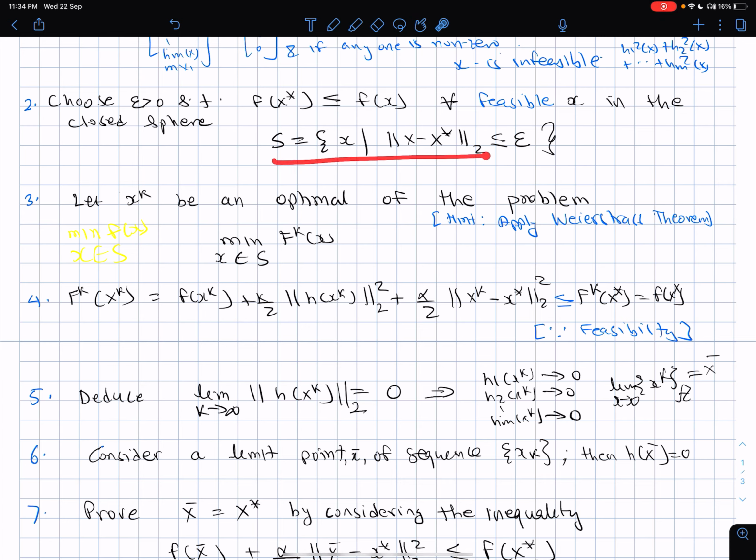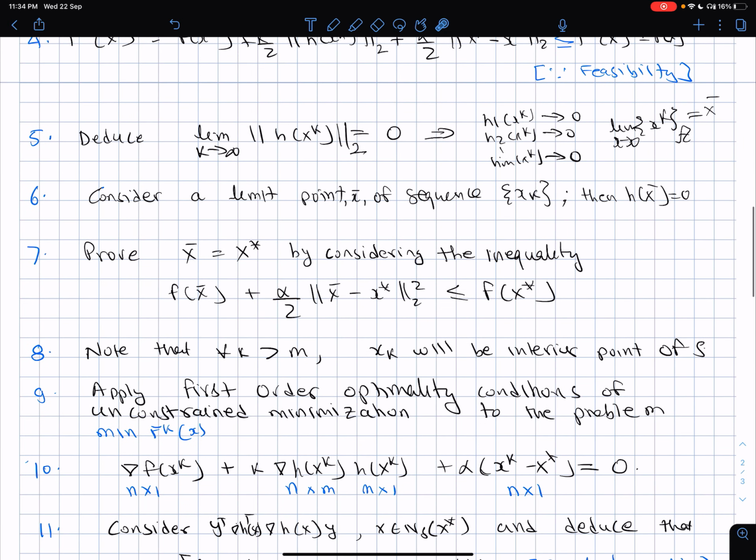Then we have a contradiction, because now we have a feasible point inside that same epsilon neighborhood such that f of x bar is strictly lower than f of x star, which is not possible. Therefore, x bar must be equal to x star.